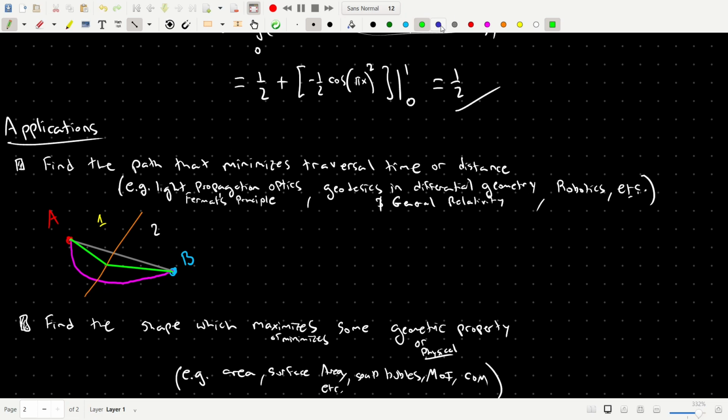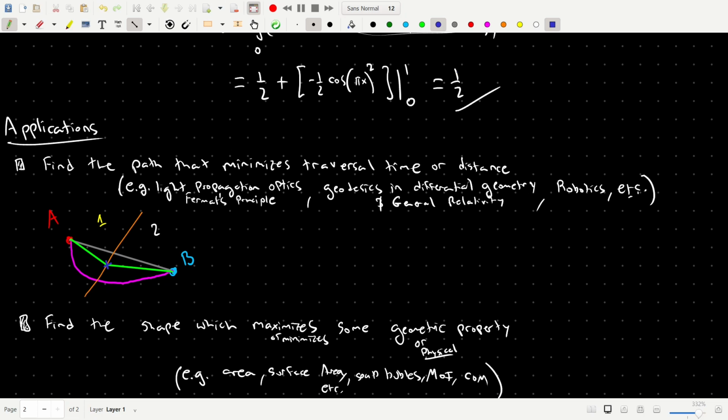So the problem would be to find the relationship between these two paths, specifically where this point is right here and what the angle is, angle of incidence versus the angle of refraction. And this is actually known as Snell's law and can be proven using the calculus of variations. We'll see that later on in the course. So there's many interesting solutions to certain problems where the optimal path is not necessarily a straight line.